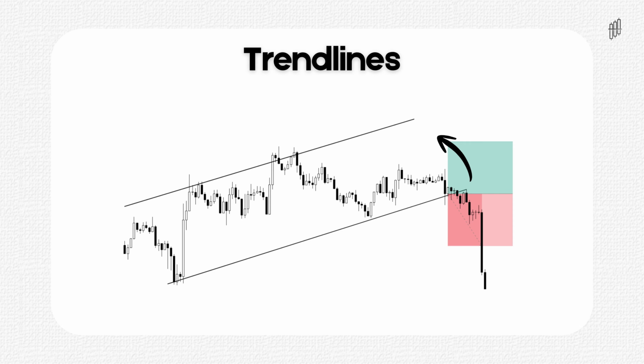Traders draw them everywhere, connect random highs and lows, call it analysis, and then act completely shocked when price blows straight through their beautiful diagonal line like it does not exist. And yet somehow the concept never gets questioned. The trend line gets blamed for being wrong instead of the approach being questioned.